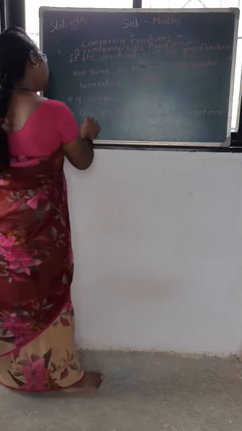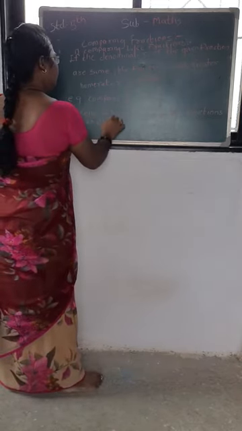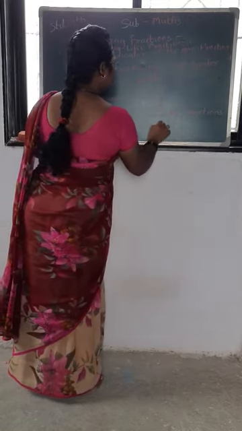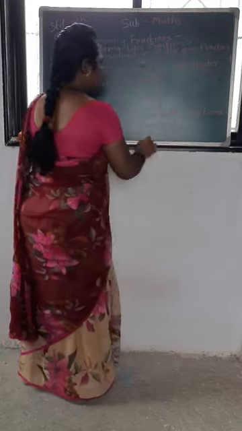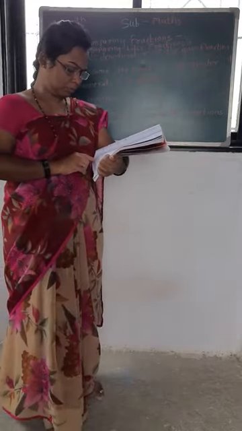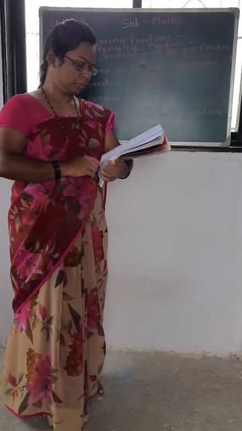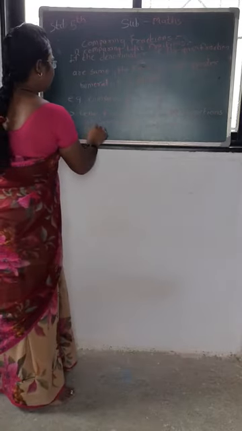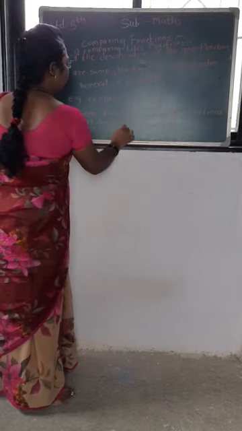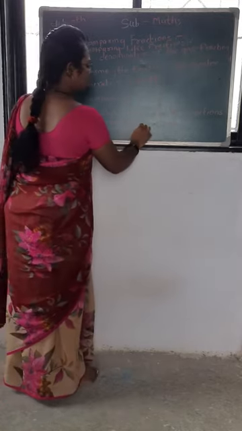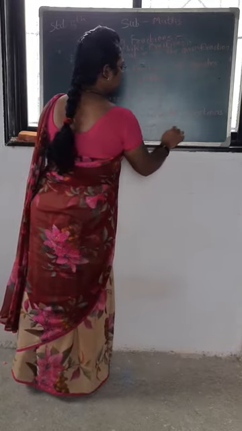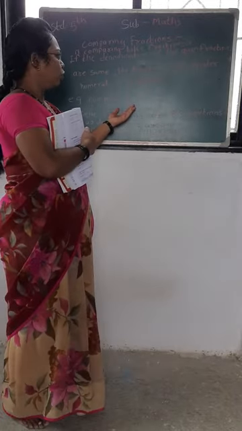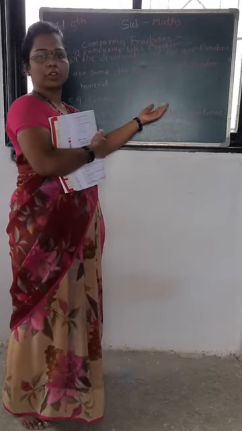Their denominators are same. On comparing numerators, the numerator of the first fraction is 5 and the numerator of the second fraction is 4.